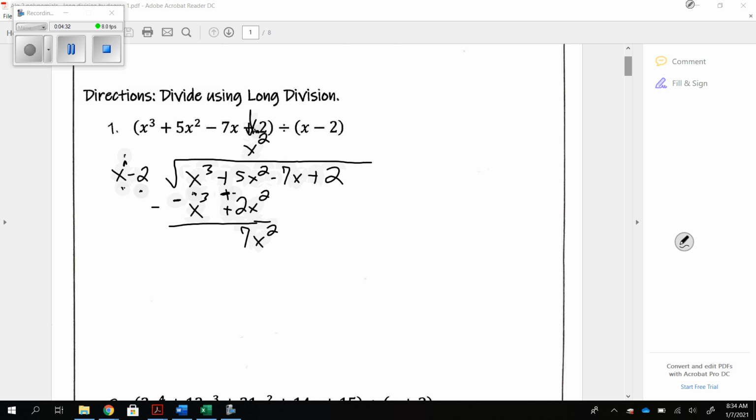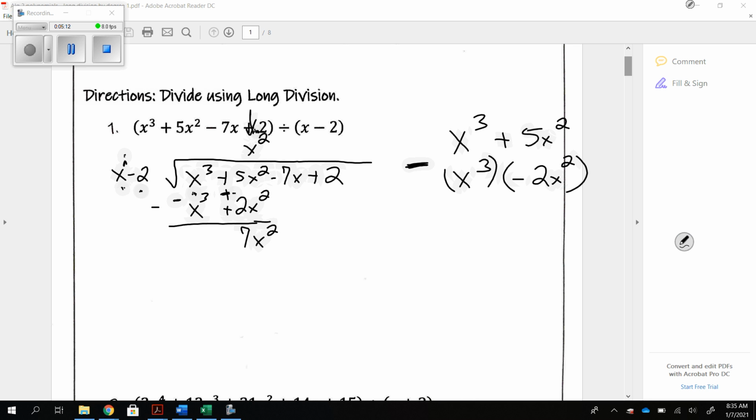Okay? What we do here, after we multiplied x squared times x, we got x cubed. So we know we always subtract. This is what we'll always do. When we multiplied x squared times negative 2 and put it under the 5x squared, we got negative 2x squared. We're going to pretend like these are in parentheses and subtract both times.